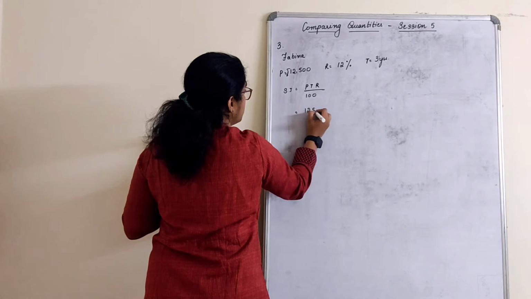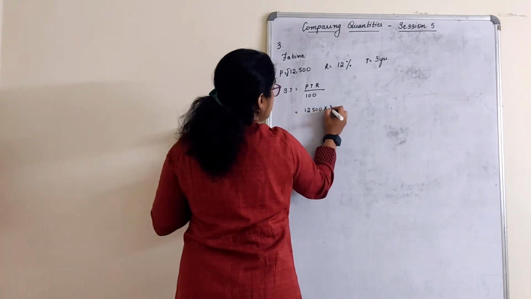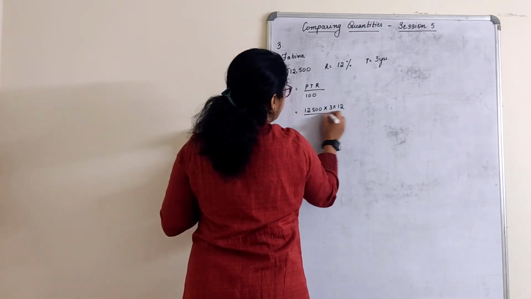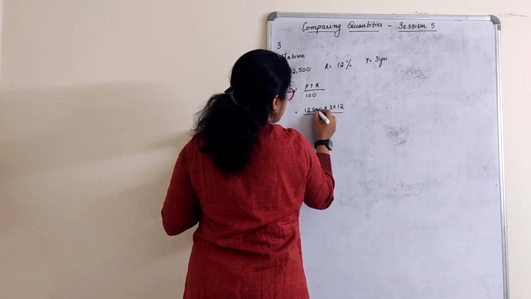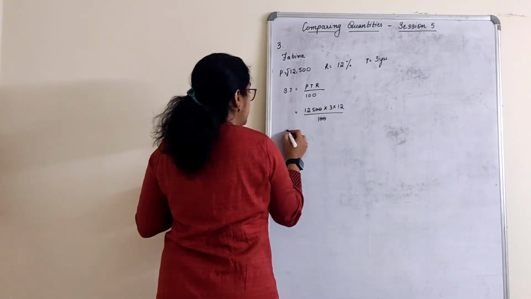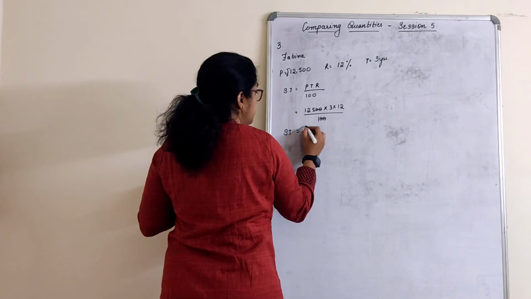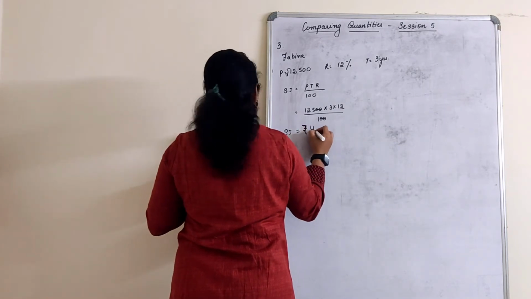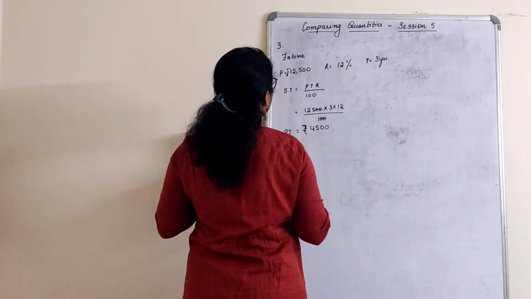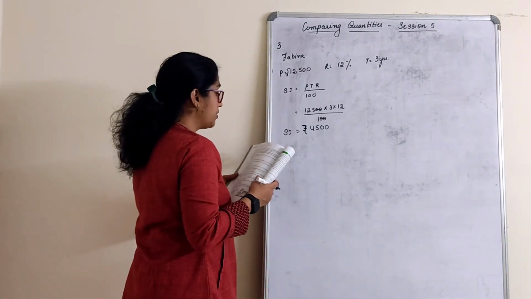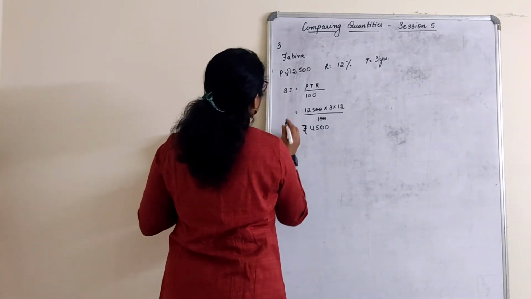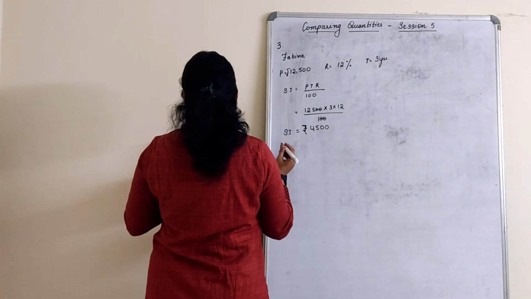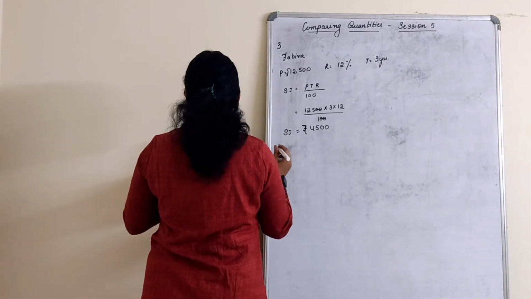So 12,500 into 3 into 12 by 100. 2 zeros, 2 zeros cancel. Multiply this, you will get simple interest equal to rupees 4,500.